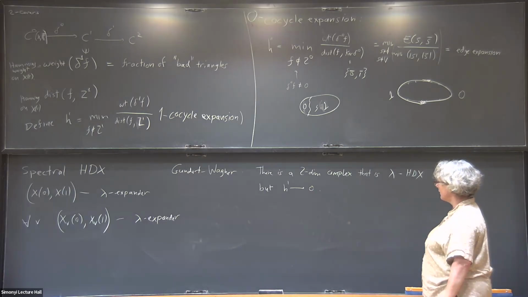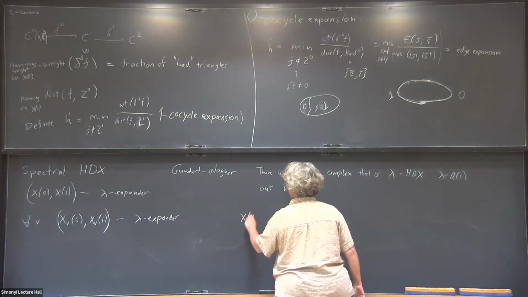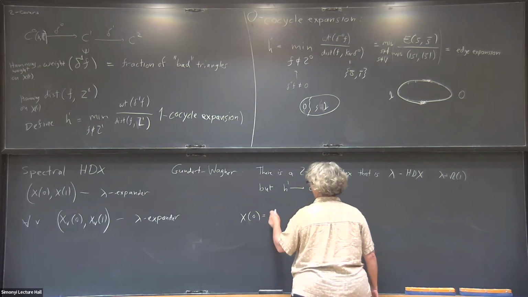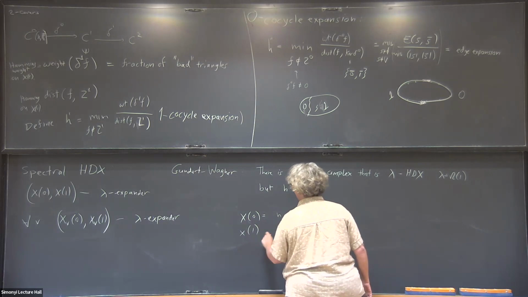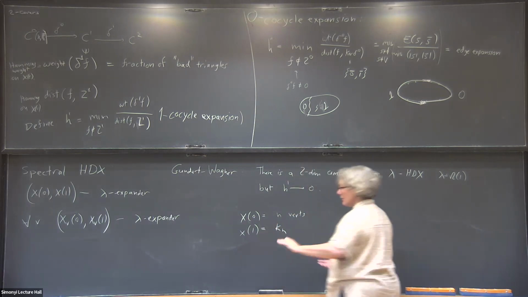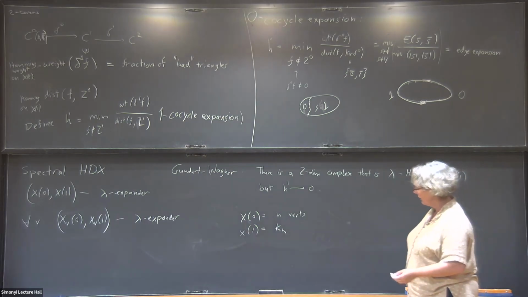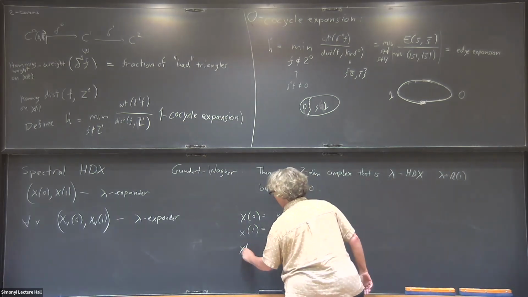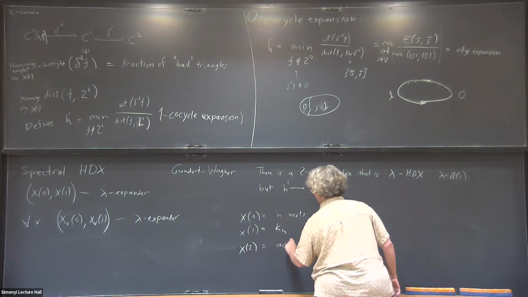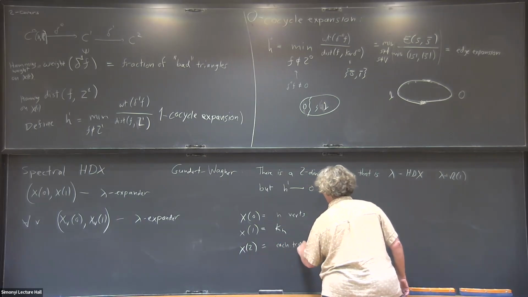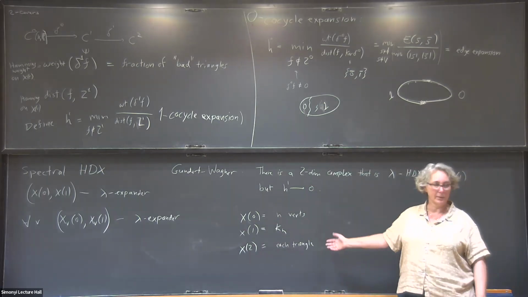And what is this example? It's a random complex. So here's the construction. Let X0 be some set of n variables, so n vertices. X1 will be the complete graph, so we put the one-skeleton to be everything. And now we just need to say which triangles we add. So X2, it's a random complex. I want to write each triangle is added independently with probability p.